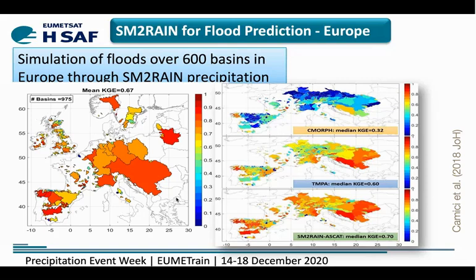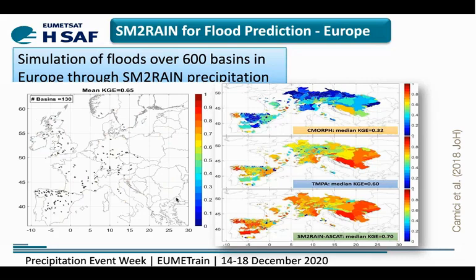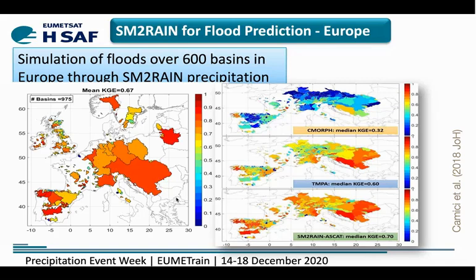The idea is to understand if the satellite products can really be used inside the hydrological model and can provide useful information over these 600 basins.